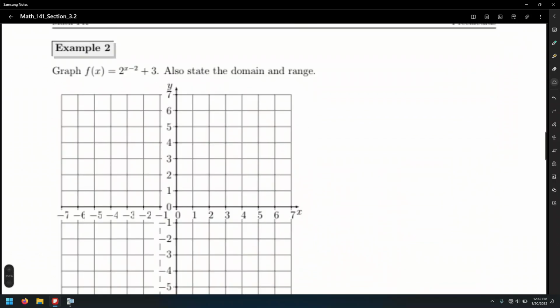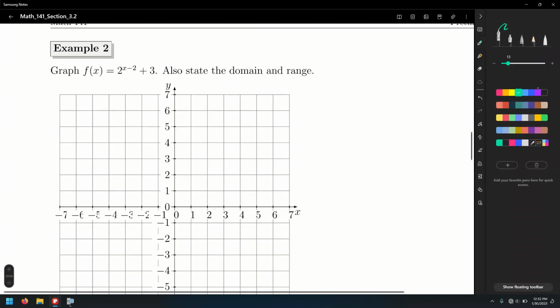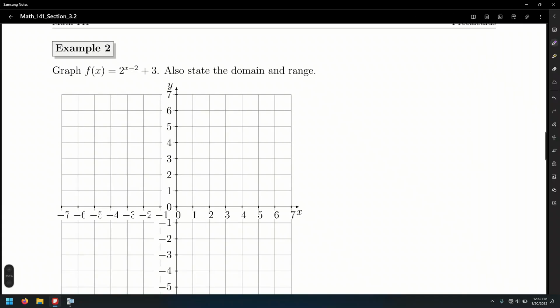This one has 2 shiftings, right? There are 2 transformations here. How do we know that? Because in this case, we can ignore the -2 in the exponent, and we can also ignore the +3 as an independent term.